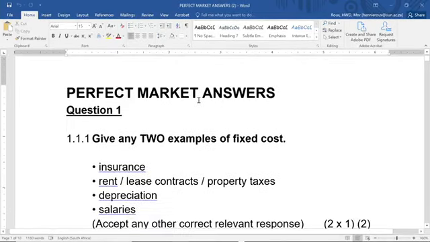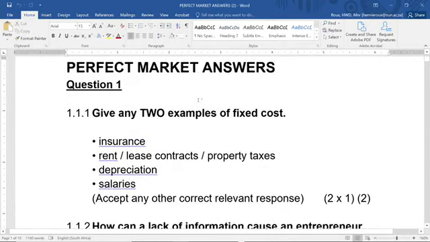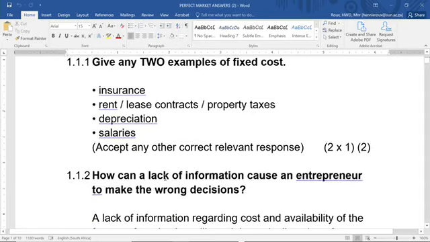Remember, I said to you earlier on, we will look at the answers in more detail. So the two examples of fixed costs, we spoke about insurance and rent, but there's also depreciation as well as salaries, okay? And as the memo says here, accept any other correct relevant response.